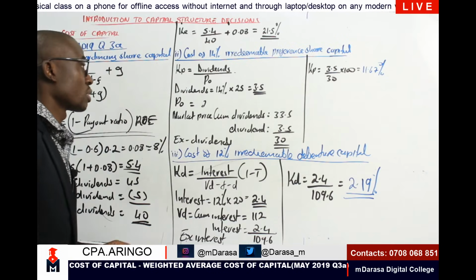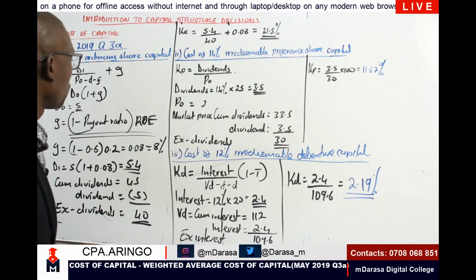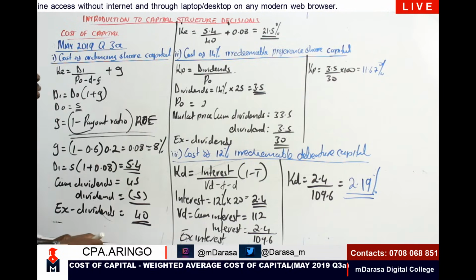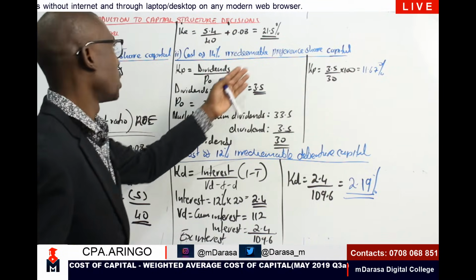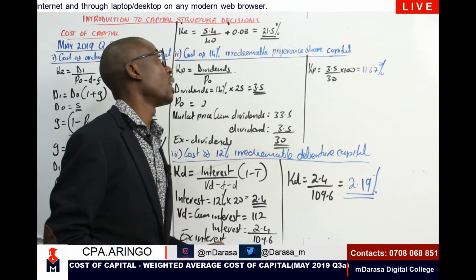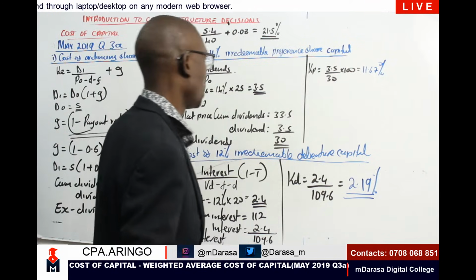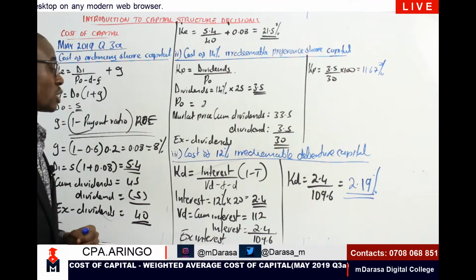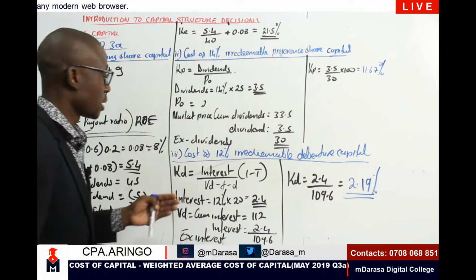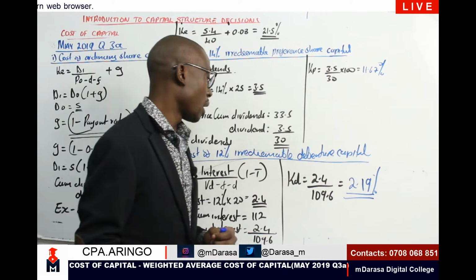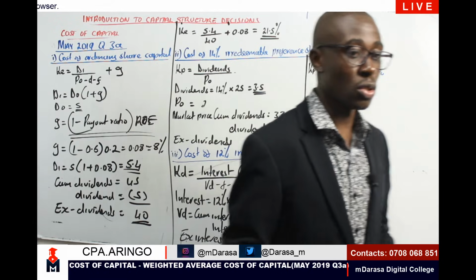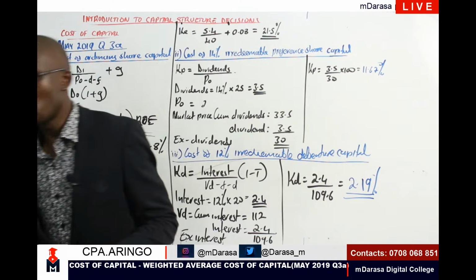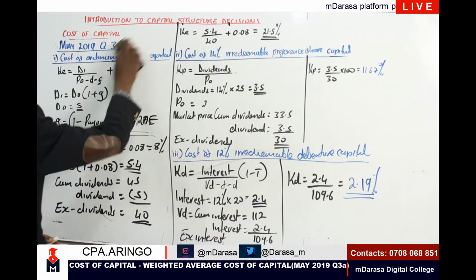So what I want you to do for me, my good students, is to mark these costs that we had already calculated earlier: the cost of equity, the cost of irredeemable preference shares, and also the cost of redeemable debentures. That is what I want you to mark, so that we will use that question to explain the concept clearly.